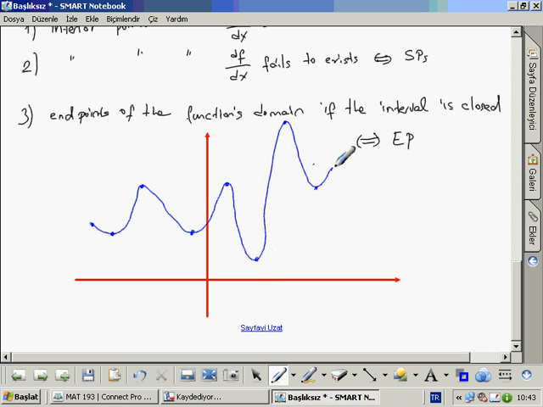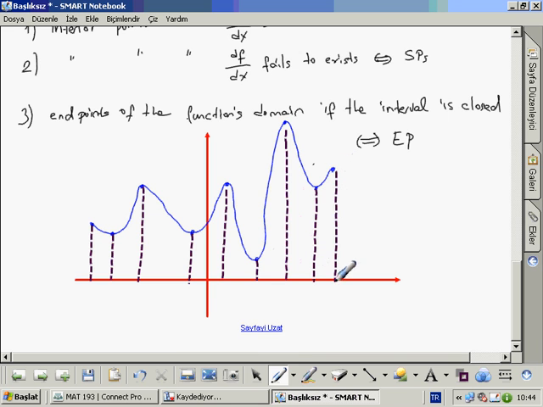As you see, this point is A, x1, x2, x3, x4, x5, x6, x7, and the B point.